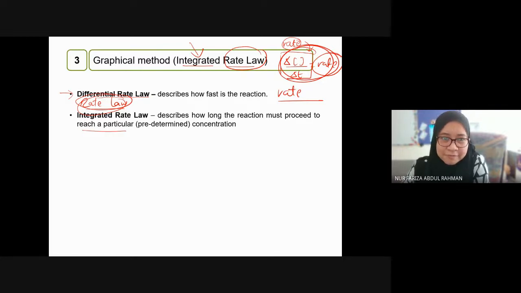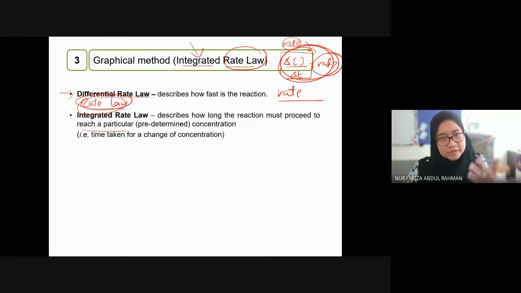So one of the reasons to integrate the rate law is that we want to know the time taken for the concentration to change, from T0 to, let's say, 5 minutes, what happens to the concentration, and the time taken.